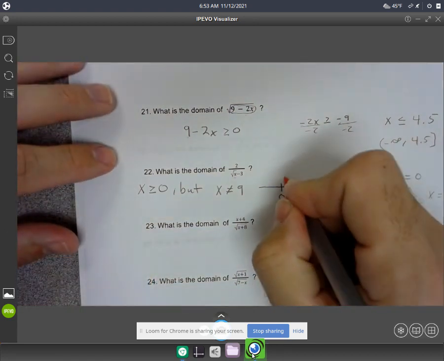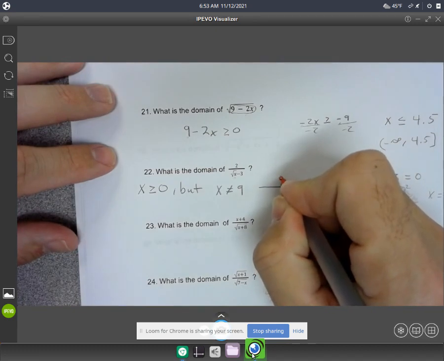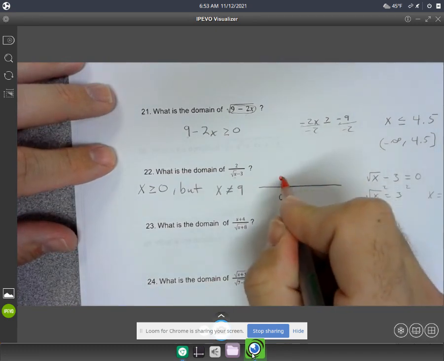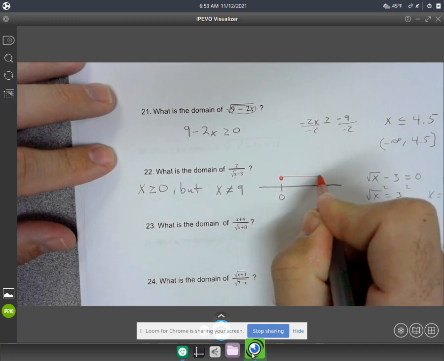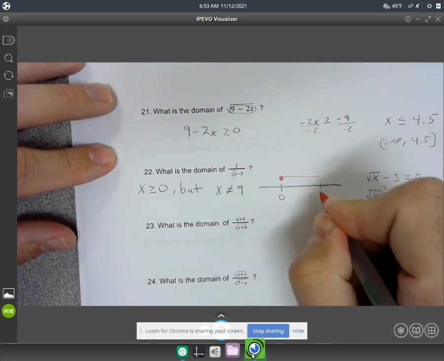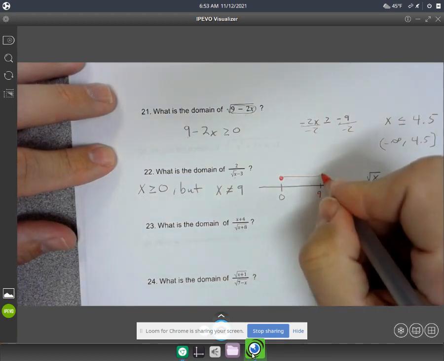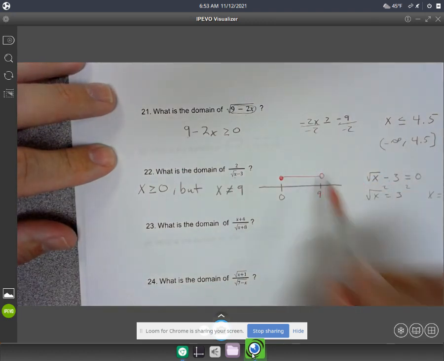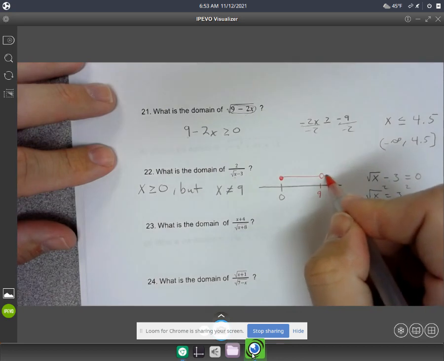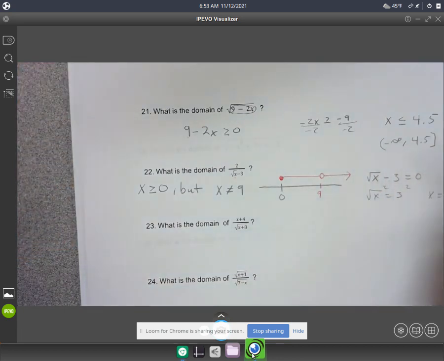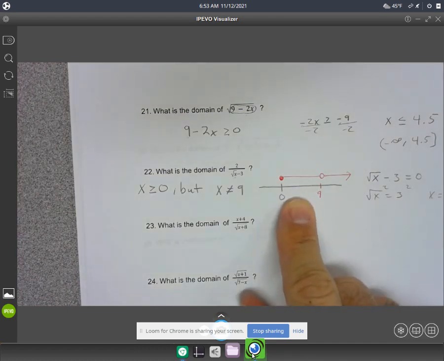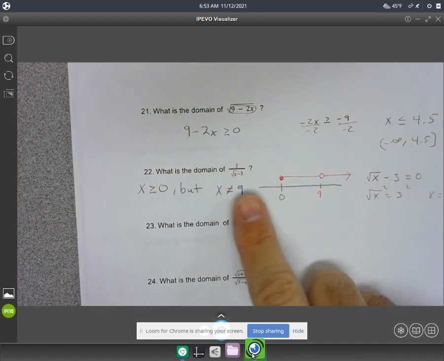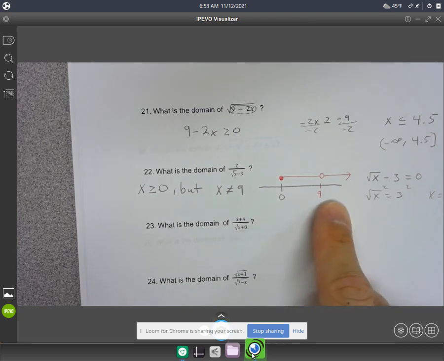It would go something like this. It would be a closed dot at 0, going to the right, but once it gets to the number 9 right here, they would have an open dot at the number 9, just signifying that you have to skip that one number, and then it would continue going forever to the right. Okay, so this right here would represent the domain of this function. All numbers bigger than 0, but you cannot pick the number 9.